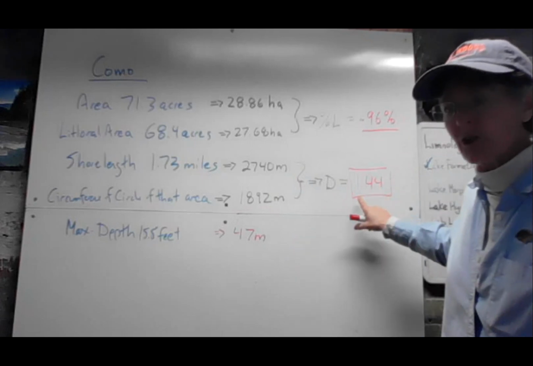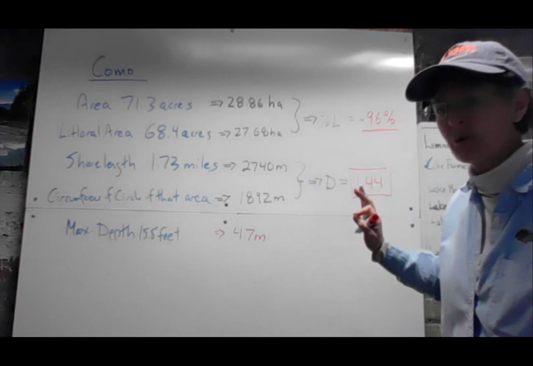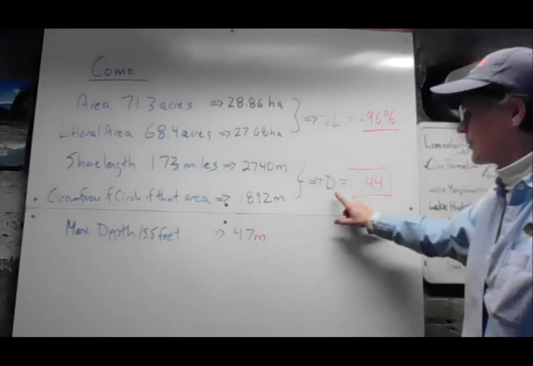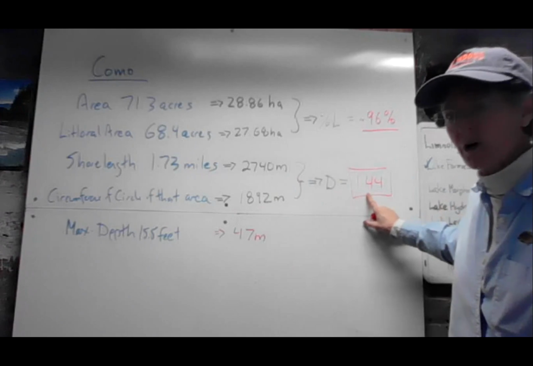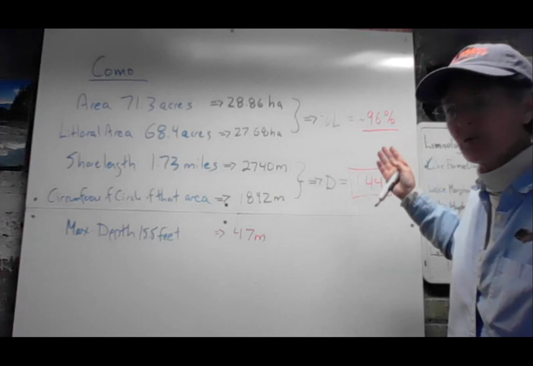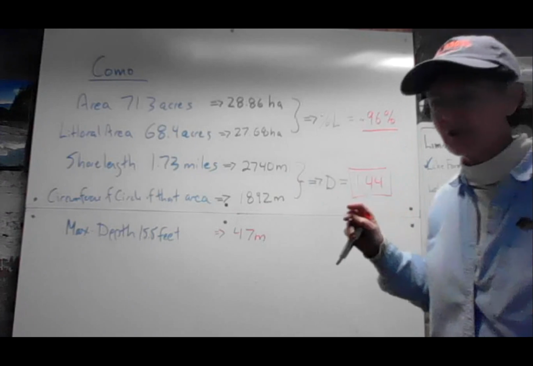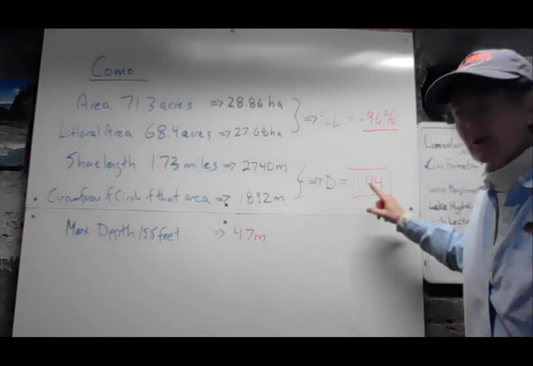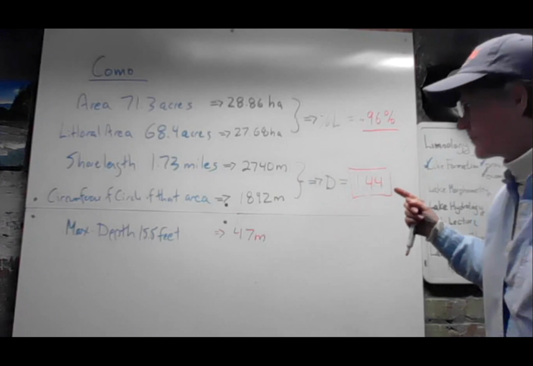So the shoreline development factor, the smallest possible one, is 1. So this goes from 1 up. The farther above 1 it is, the more different it is from a circle. And this is about 44% longer than the circumference of the circle.